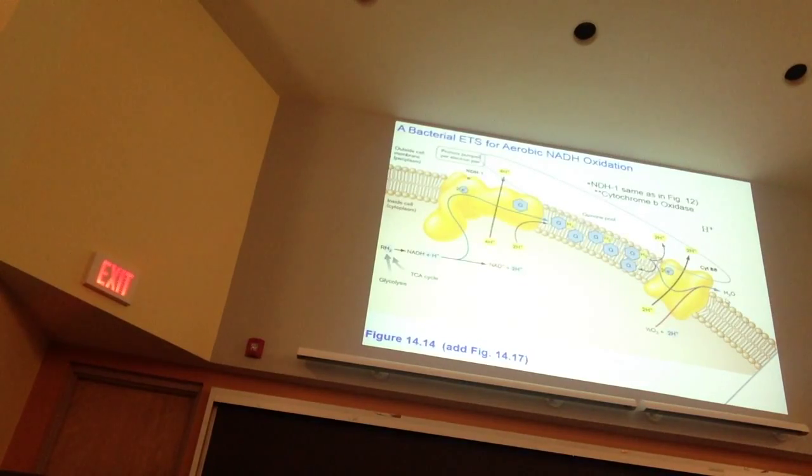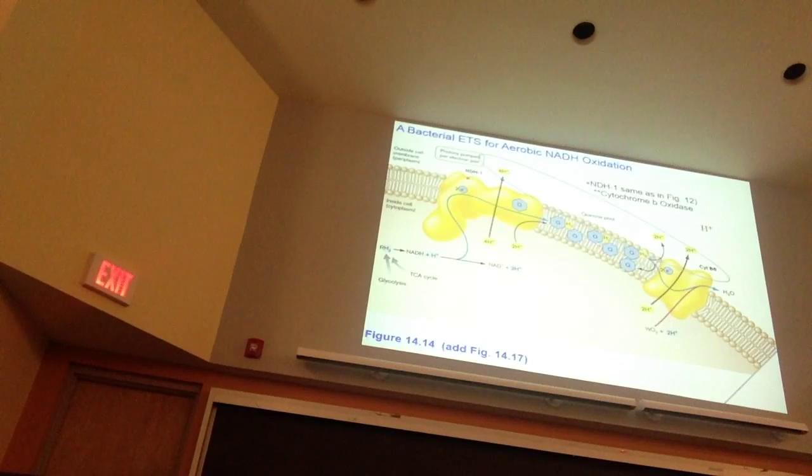Okay? Not too complicated. So in the meantime, more protons are being pumped. So we already talked about the four protons being pumped from NDH. Other protons are being pumped as a result of electron flow.